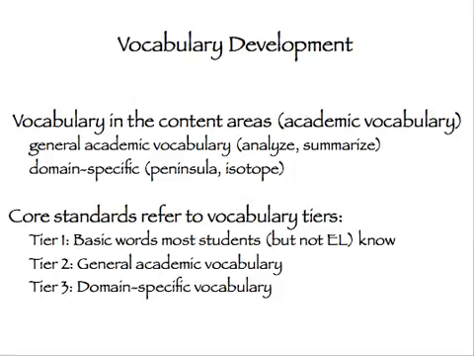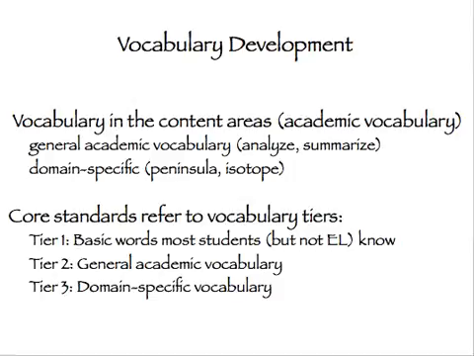What people call general academic vocabulary, words like analyze, summarize, establish, examine, words that go across content areas. And then domain-specific vocabulary, which is vocabulary unique to their own content areas.